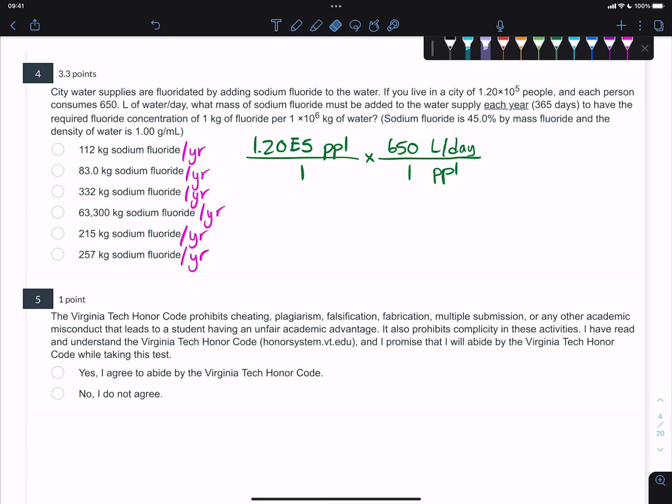So currently, we have liters of water. It's in the numerator right here. So if we want to kill liters of water, we put it in the denominator. We're going to go from liters of water to, well, what is it going to be? Liters and milliliters of water are going to be expressed using your knowledge of metric prefixes. So I can go from liters of water to milliliters of water if I wanted to.